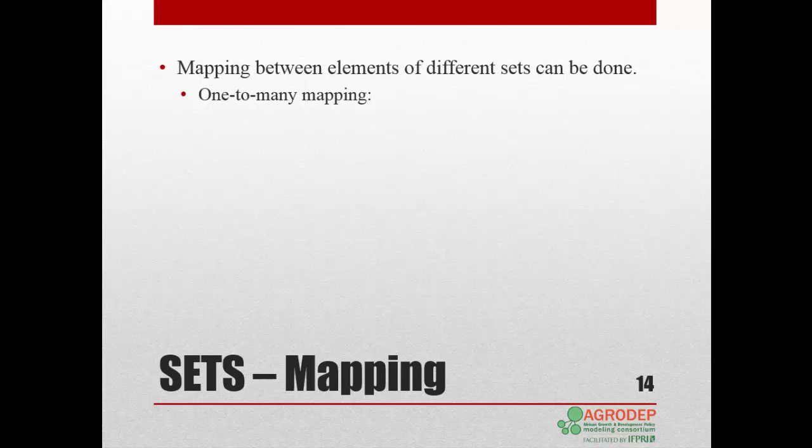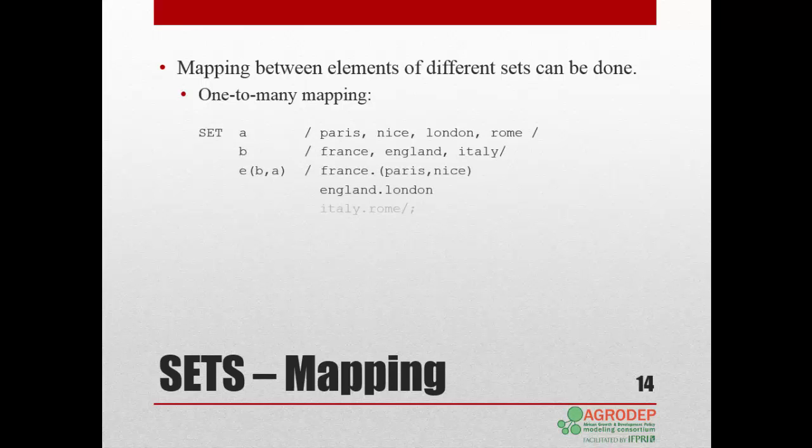We can also have one-to-many mapping between elements of different sets. In our example, we define another subset E, but instead of mapping A to B, we map B to A. In other words, we want to map the countries to the corresponding cities. The definition of the sets is similar to the previous one, but now note that the first element of E matches France to two cities, Paris and Nice.